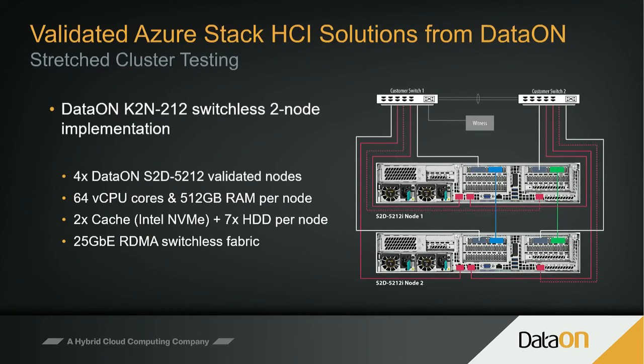As you can see on the diagram to the right, the green and blue connections, I had these nodes directly connected through their 25 gigabit Mellanox RDMA adapters, 2 per site, which I simulated for this stretch cluster. So having 2 nodes directly attached at each site, I was essentially implementing DataON's Kepler 2 node, or K2N 212, solution. This type of hybrid configuration is a fairly standard solution we deploy for many of our customers to run their workload.